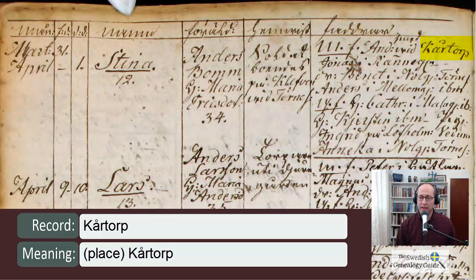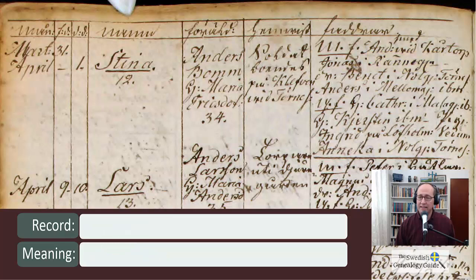That's where he's living. The next one is Jonas, and then the letter I is the word E, which means at or by. And then it's R-A-N-N-E-G, and then it looks like there's a little N on the end. And that stands for Rennegården.